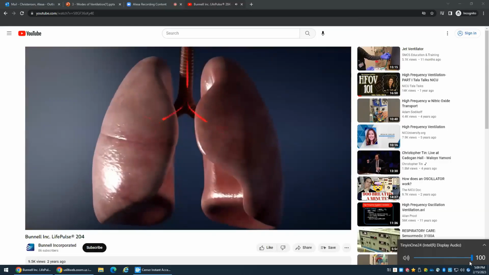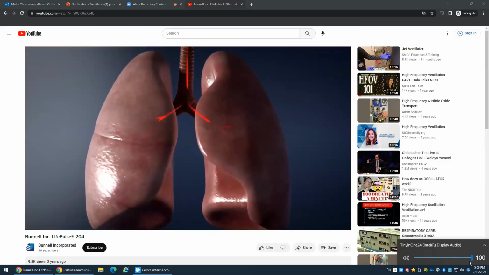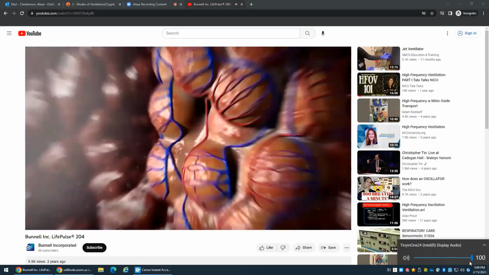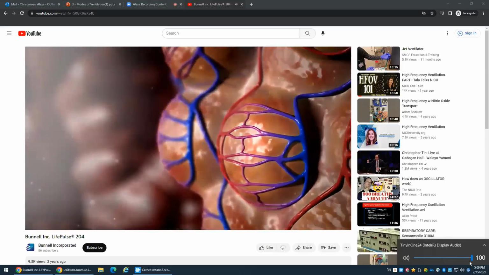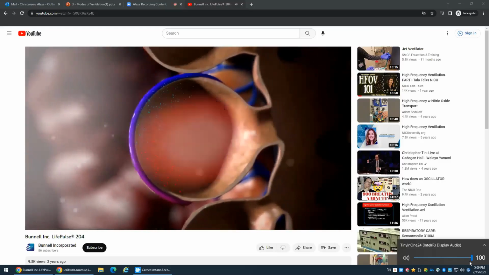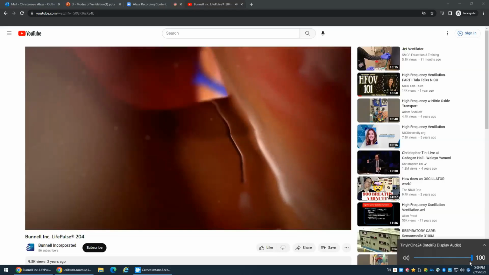The LifePulse offers important clinical advantages compared to conventional ventilation and other forms of high-frequency ventilation. Unusually small tidal volumes, combined with exceptionally short inspiratory times, create the lowest possible peak and mean alveolar pressures. The gentle breaths from the LifePulse allow air leaks to heal.